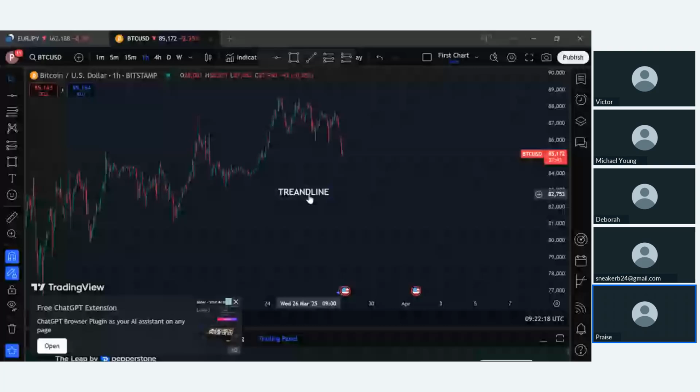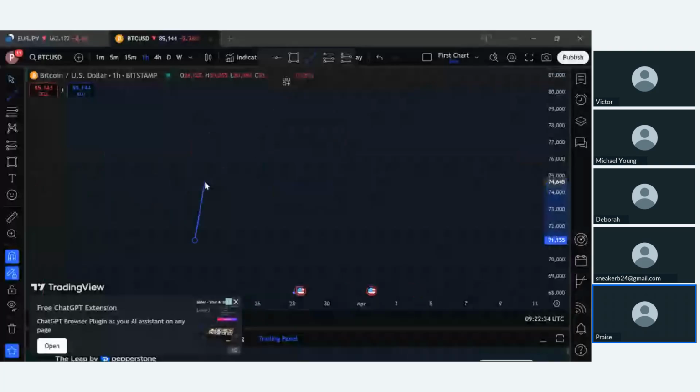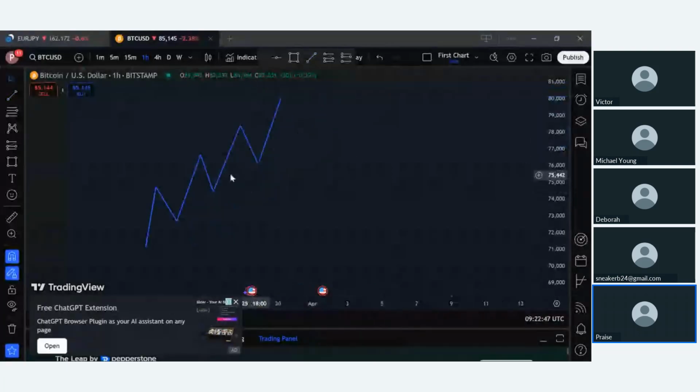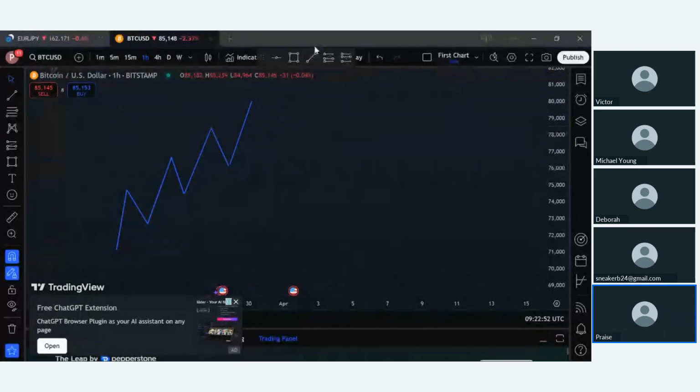If we have a market that is moving in this direction, forming highs, forming lows, forming highs, and so on, right? This market can be referred to as an upward trending market, which is a bullish market.